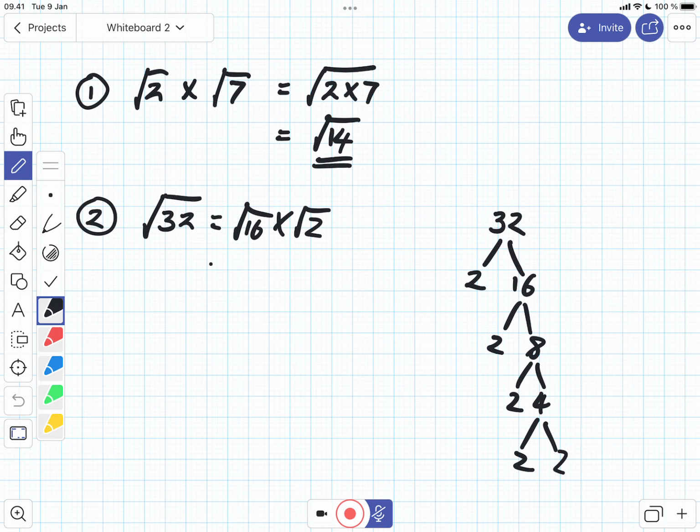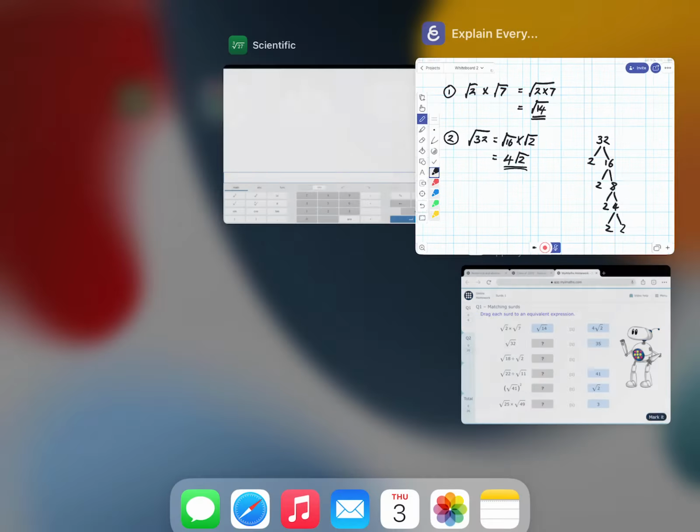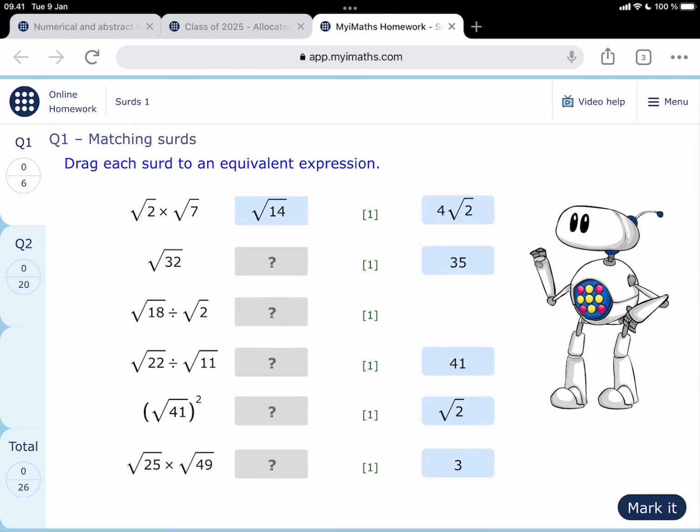And the square root of 16 is a nice round 4. So the square root of 32 is the same as 4 times the square root of 2, which I think was one of the options there. There we are, 4 times square root of 2, so I'll drag that over.